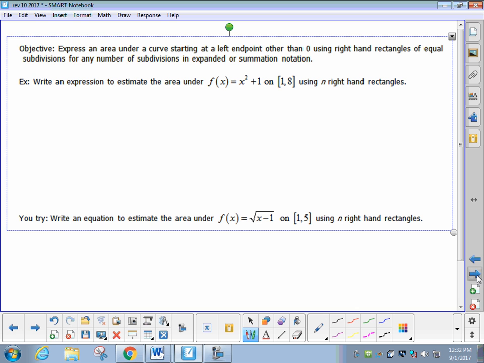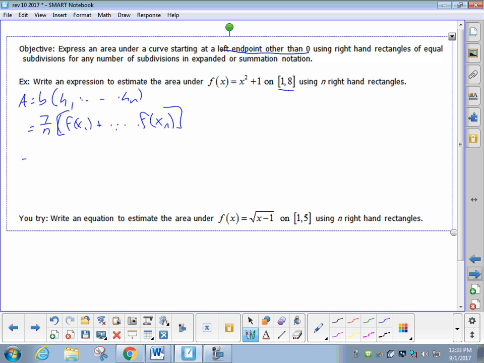Like, for example, if you're at a left endpoint other than 0, maybe 1, well, then things will be different. The base, what's the base? 7 divided by n. And you're still going to find f at different x's.